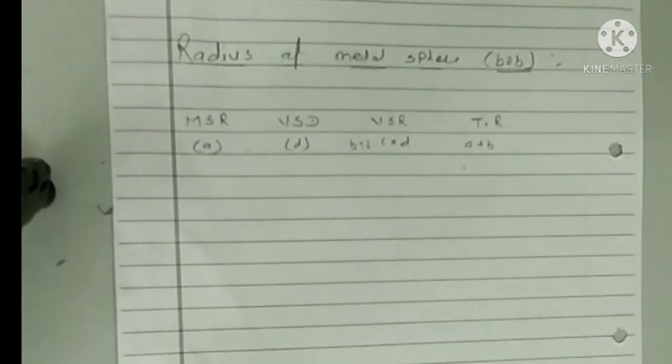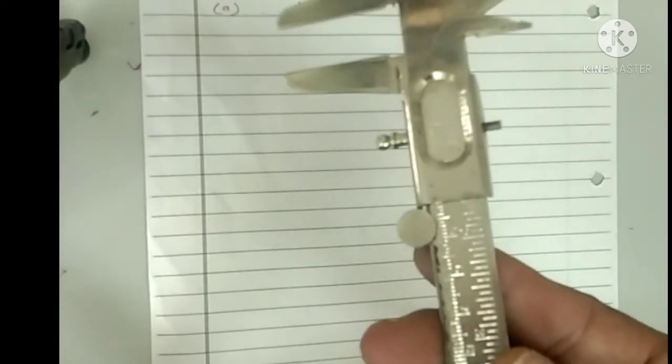Now we want to measure the diameter of the metallic sphere, and for that we use this vernier caliper.